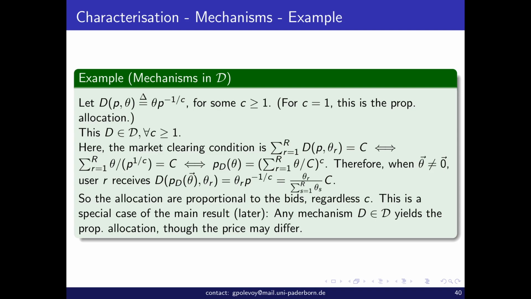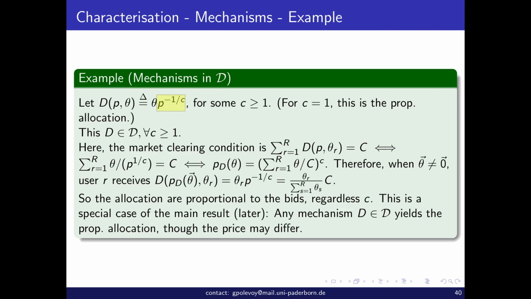In other words, theta times p to the power of minus 1 over c, or theta divided by the c-th root of p, for some c which is at least 1.